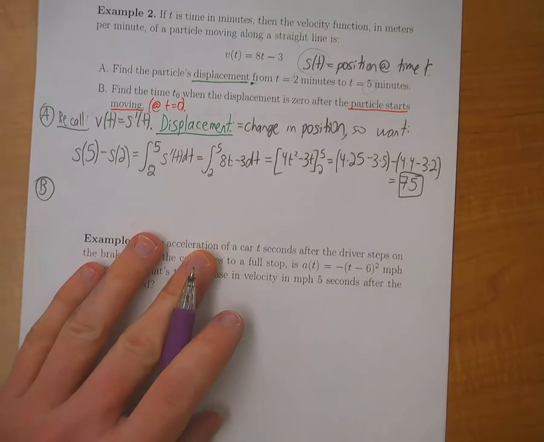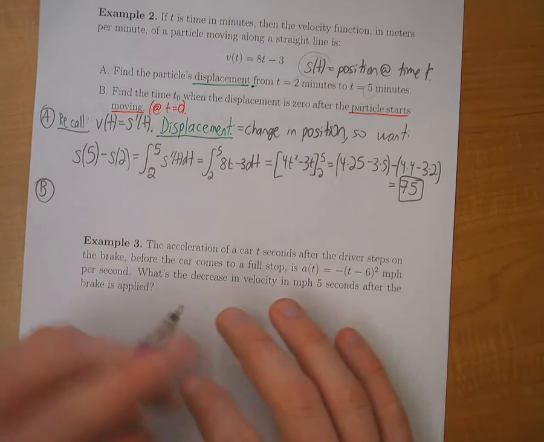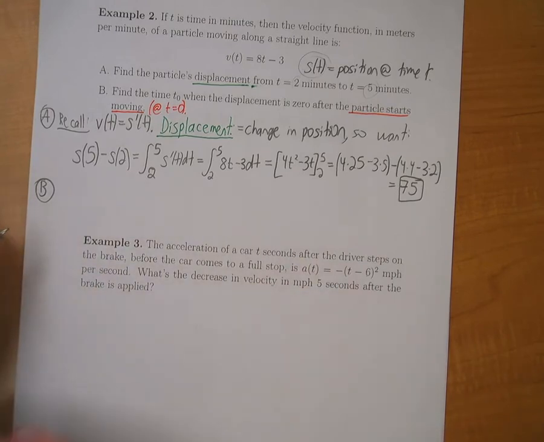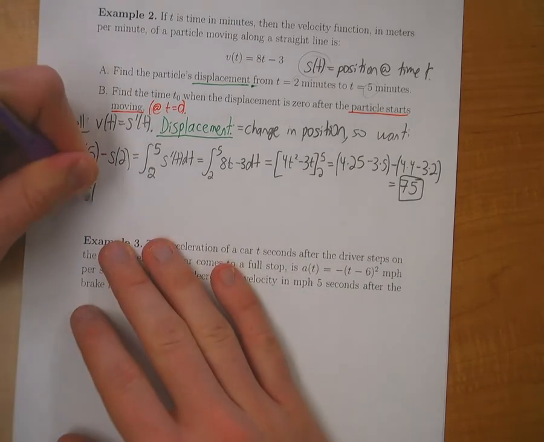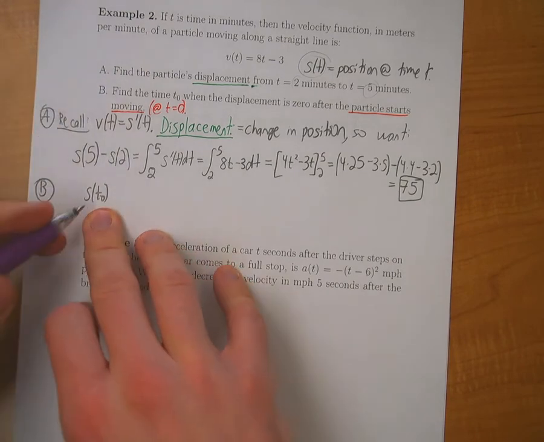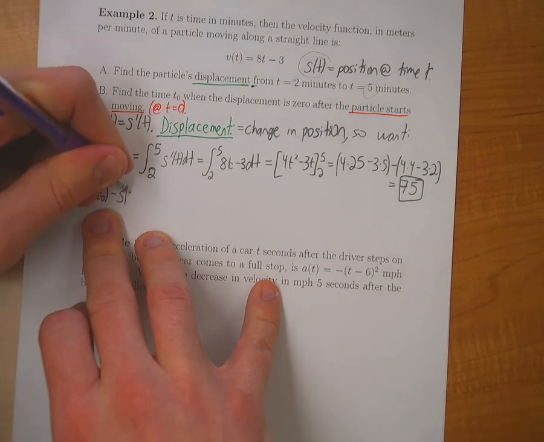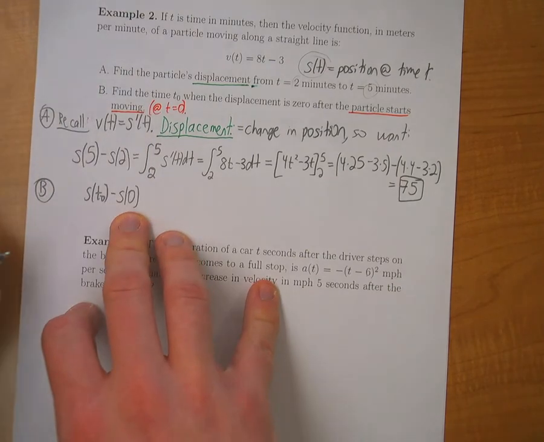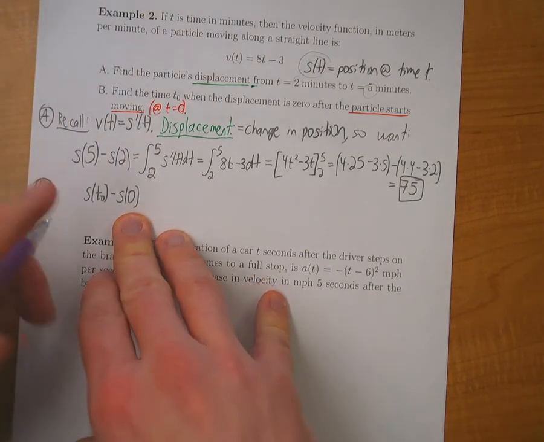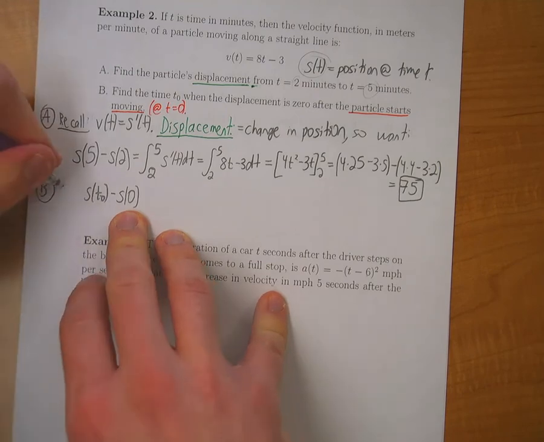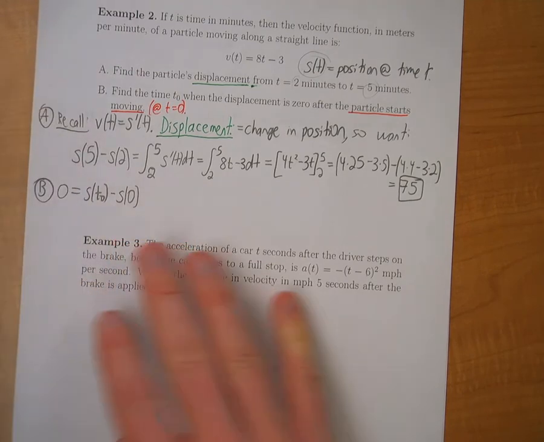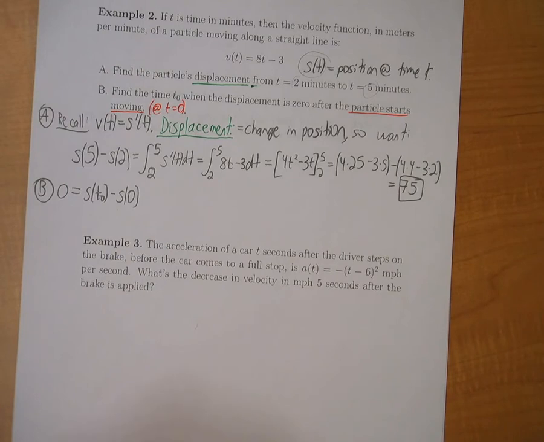As a result, we want to figure out the time such that, if we plug this t naught value into our position and subtract the initial position at time t equals 0, this change in position is 0. That's ultimately what we're trying to figure out here.